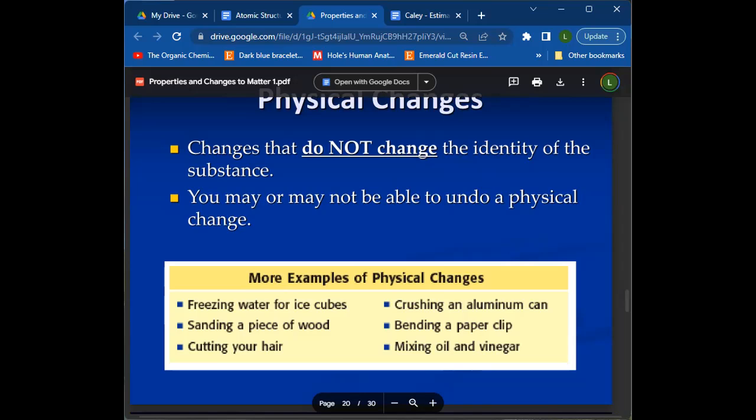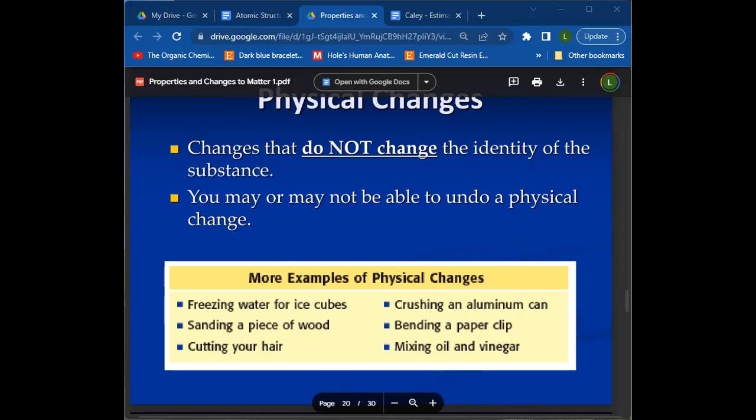Okay, so basically it's the same substance before and after the change. Okay, then mixing oil and vinegar, that's a really important one.